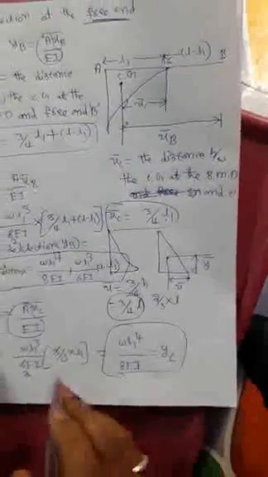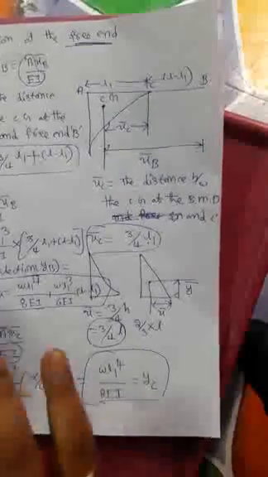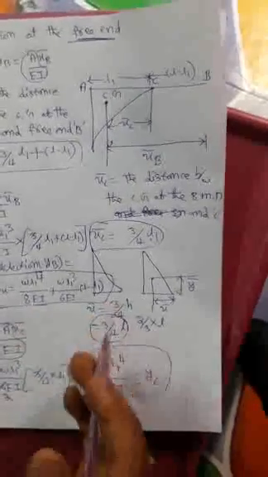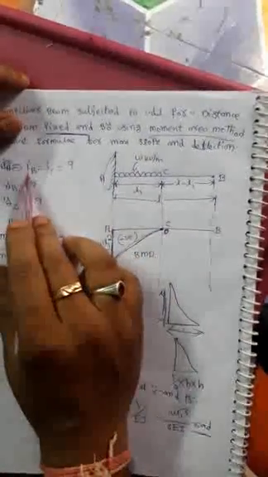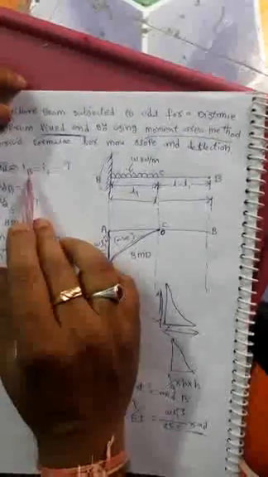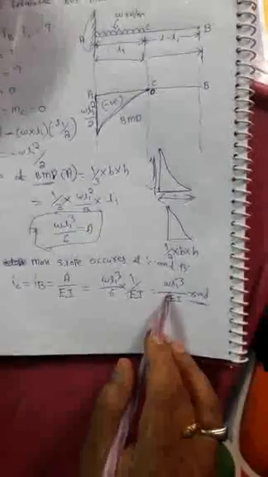So using the moment area method, that is Mohr's theorem 1 and Mohr's theorem 2, for this beam, a cantilever beam carrying a UDL for half of the portion from the fixed end, we get theta B equal to theta C equal to WL1 cube by 6 EI radians.